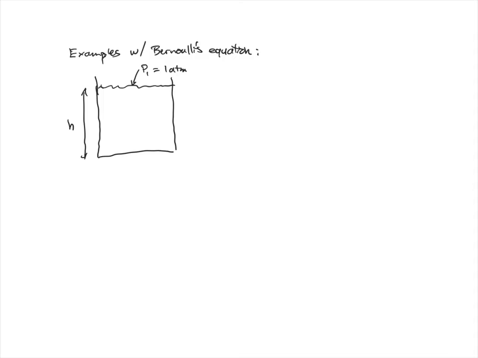So what I'm going to ask is, what is the pressure at the bottom of the container, P2? So I'll remind you of Bernoulli's equation: P1 plus rho g y1 plus 1/2 rho v1 squared equals P2 plus rho g y2 plus 1/2 rho v2 squared.